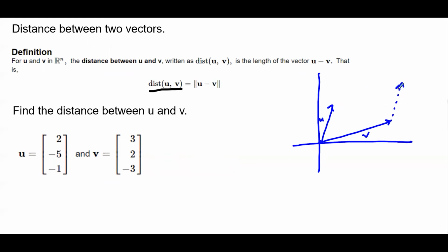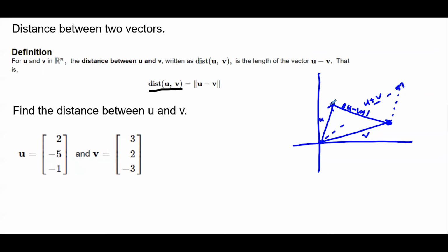The sum is this diagonal, right? So this diagonal is u plus v. The off diagonal, this guy, is u minus v, and that would give us the length of this vector will give us the distance between u and v. So we just need to take the magnitude of that. So that's all it is.